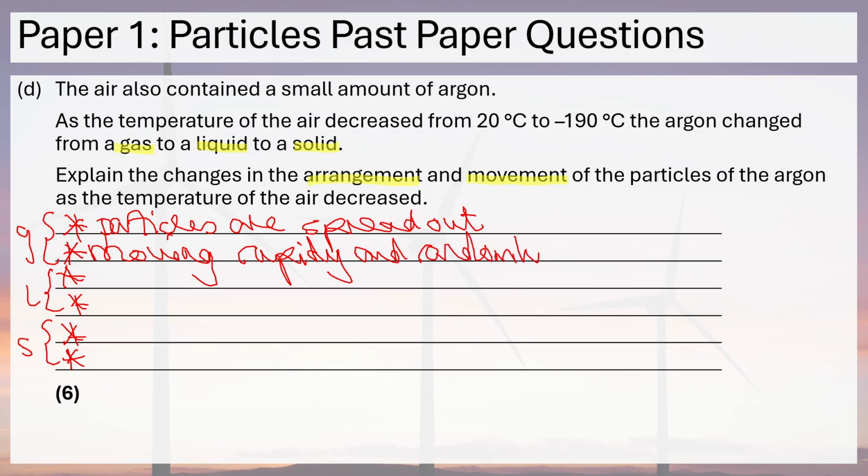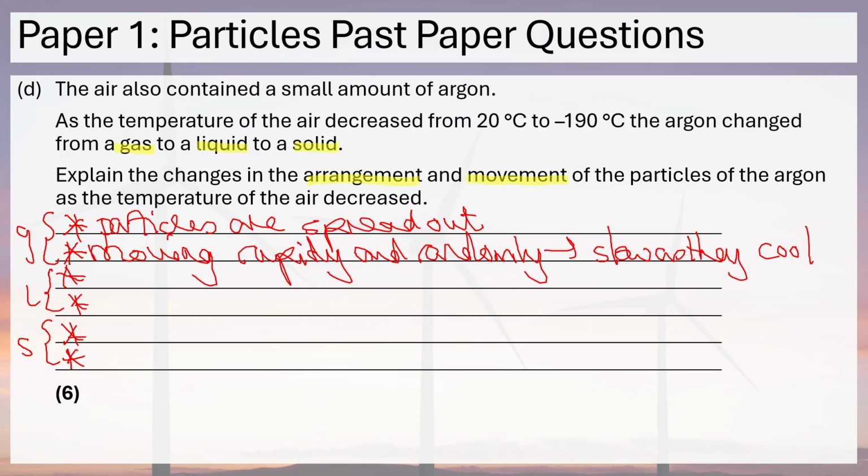And what I can include at this point is that they slow as they cool. Now, when you're writing this out properly, you need to state that gas particles are spread out, or you need to put gas on the left-hand side here to make it clear what you're writing about. So gas particles are spread out, gas particles are moving rapidly and randomly, and they slow as they cool.